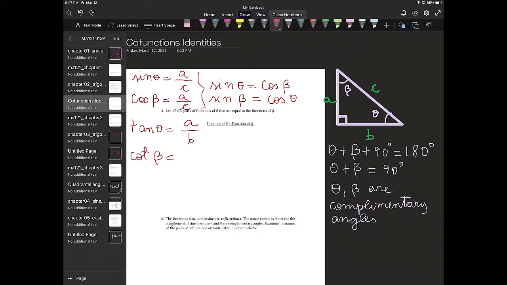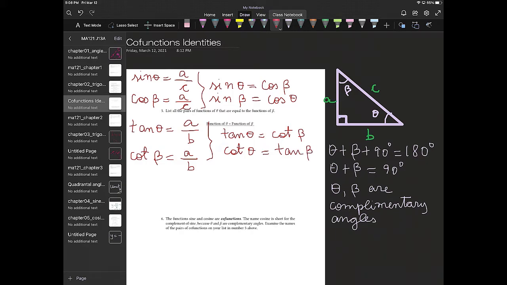For the angle beta, adjacent is A and opposite is B. So this is the second pair of trigonometric functions that are equal in value for complementary angles. Tangent of theta is equal to cotangent of beta. And again, if we switch, cotangent of theta is equal to tangent of beta.